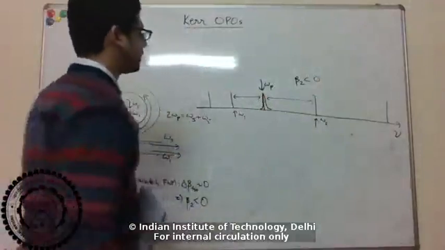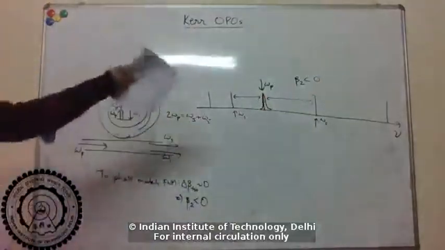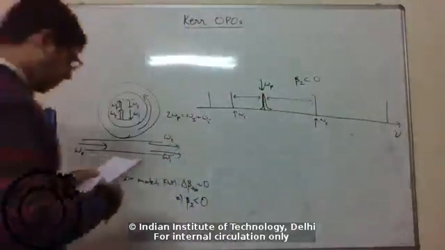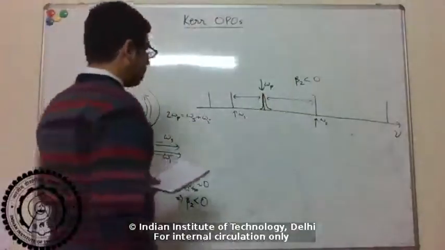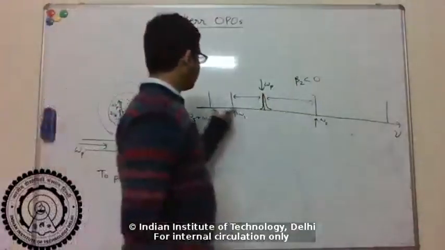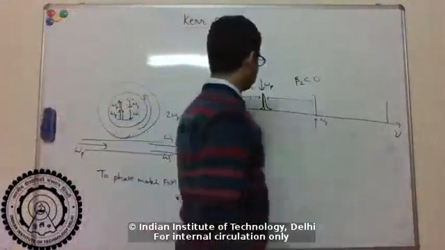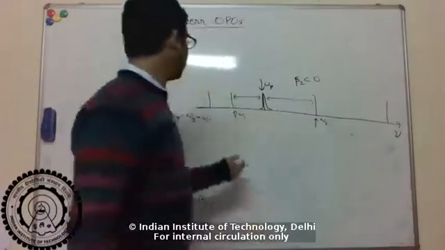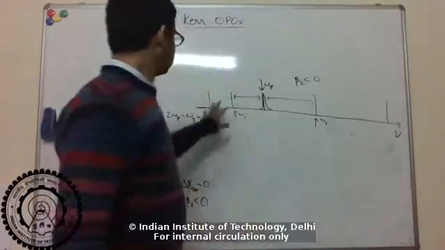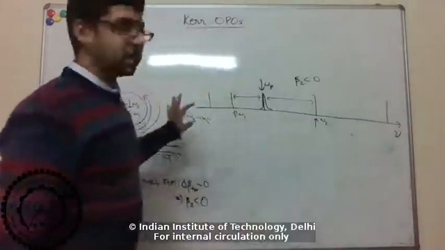So the question arises, how do we get the process to happen? Recall that we derived the spacings for these resonances taking into account just the linear properties of the cavity.